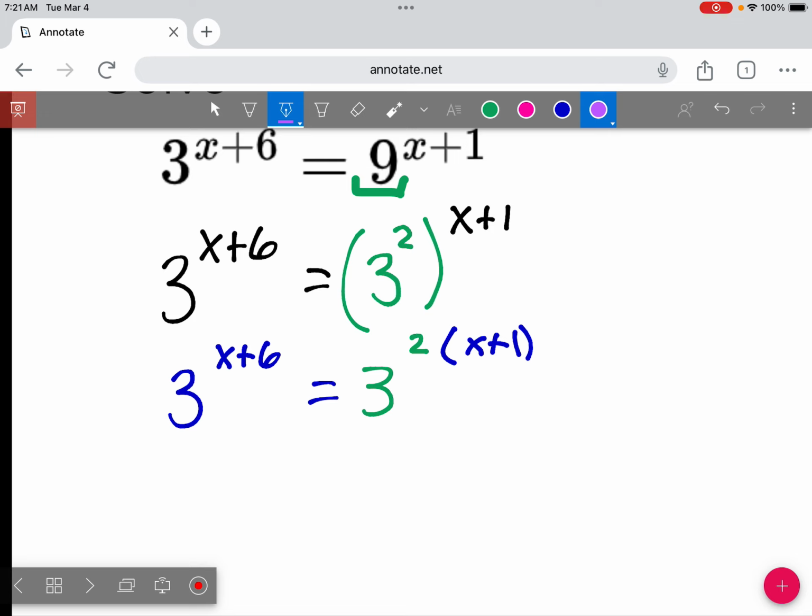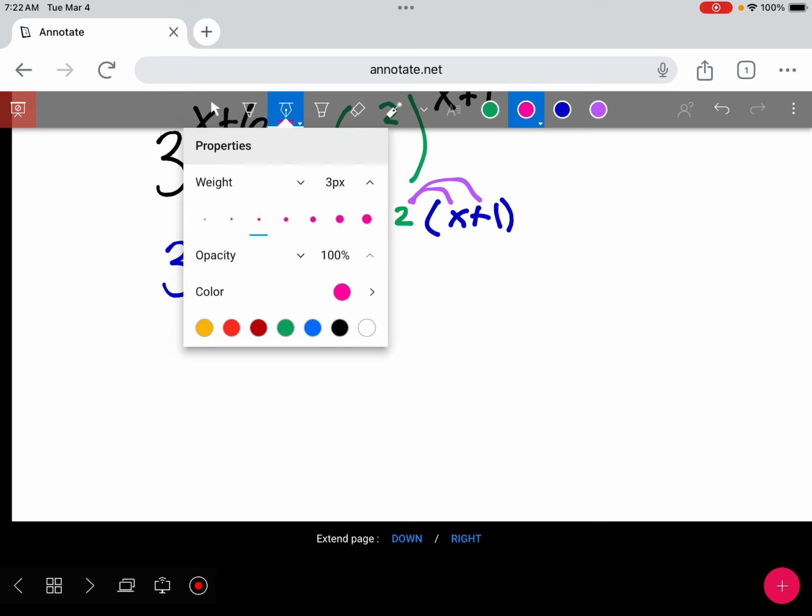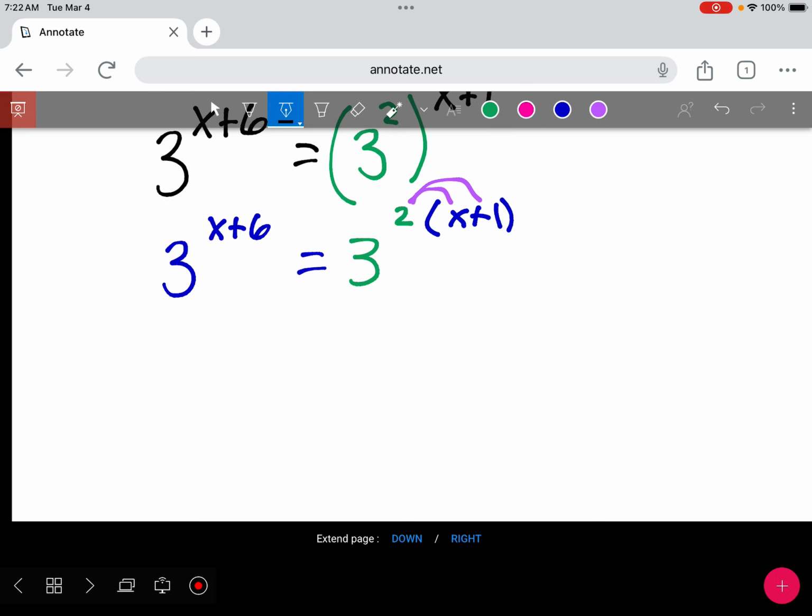I need to distribute this too. What else can I do at this point? Yeah, now that I have those same bases and nobody's inside parentheses anymore, we can just drop the 3's.